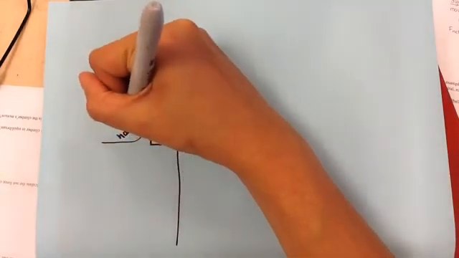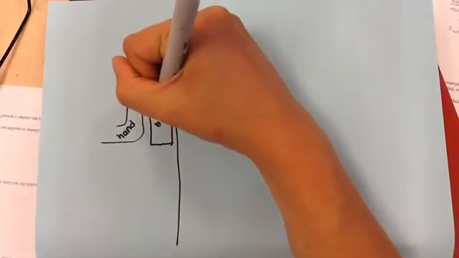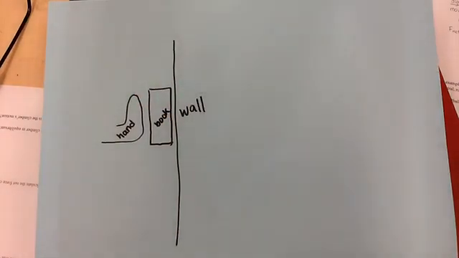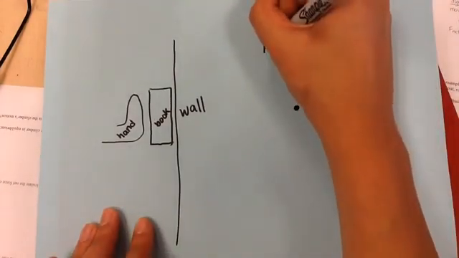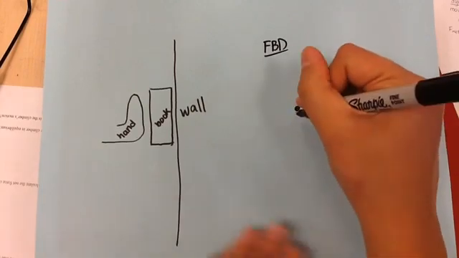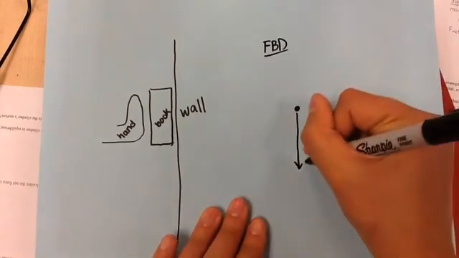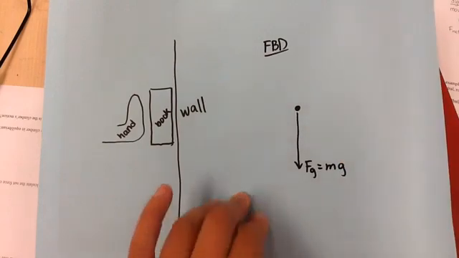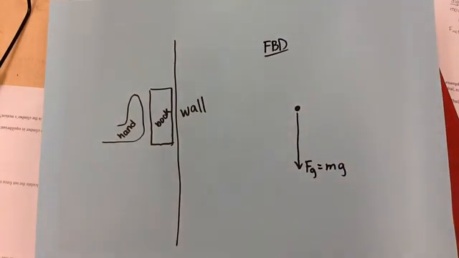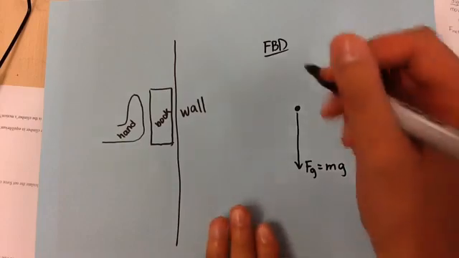That should be really strange to you, because let's think about what's going on here. The book has a bunch of forces acting on it. If I draw the free body diagram, it's got gravity equal to the mass times the acceleration due to gravity of the book. I've definitely got a normal force from the wall.